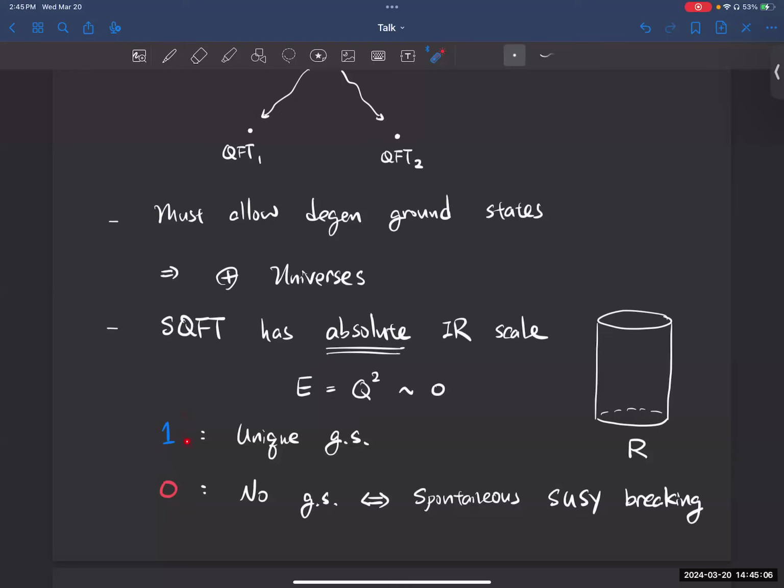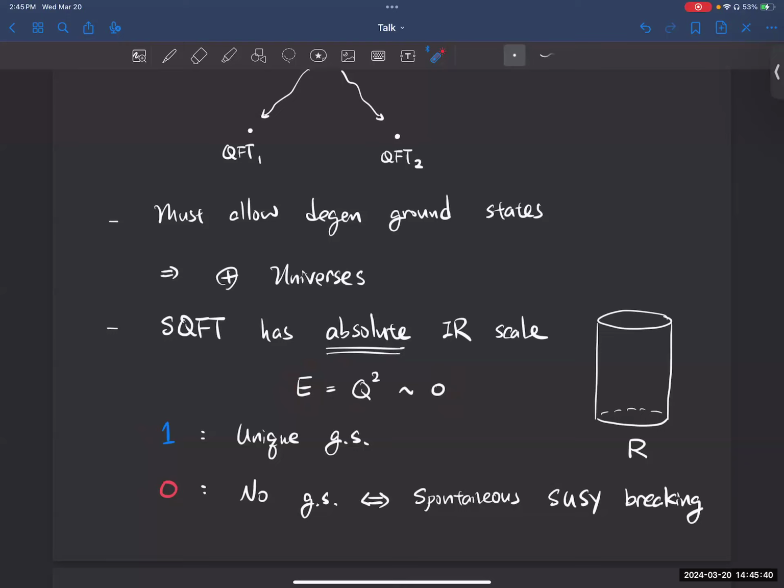So there's a difference between 1 and 0 as the Witten index. If your Witten index is 1, it says that you can have a unique ground state. But there's also a notion of 0, which means that your ground state is above this absolute 0 that's given by supersymmetry, this Q squared equals 0.